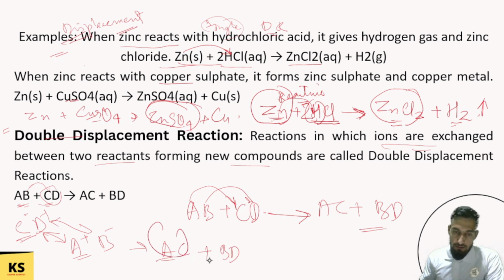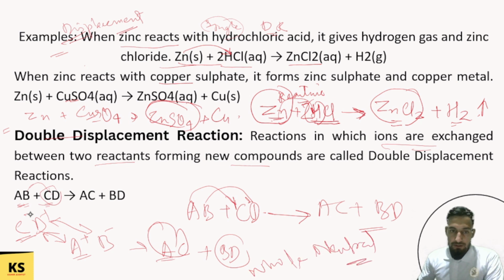Because now we have anion and cation in each, wholly they are neutral. We say that there is ion exchange between the two reactants AB and CD, and this type of reaction is called a double displacement reaction.